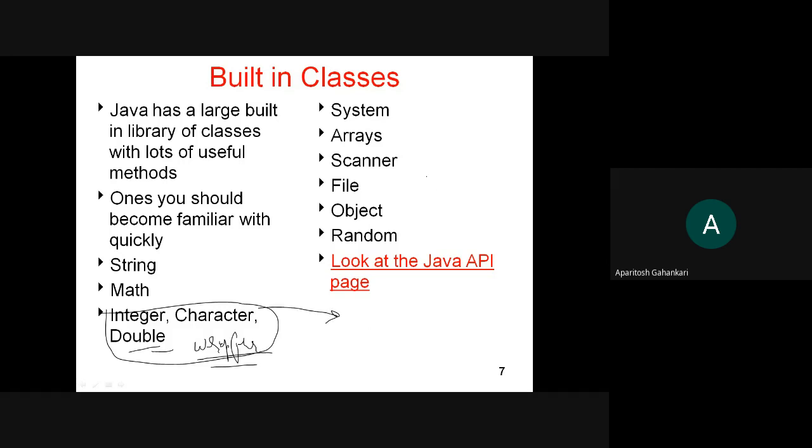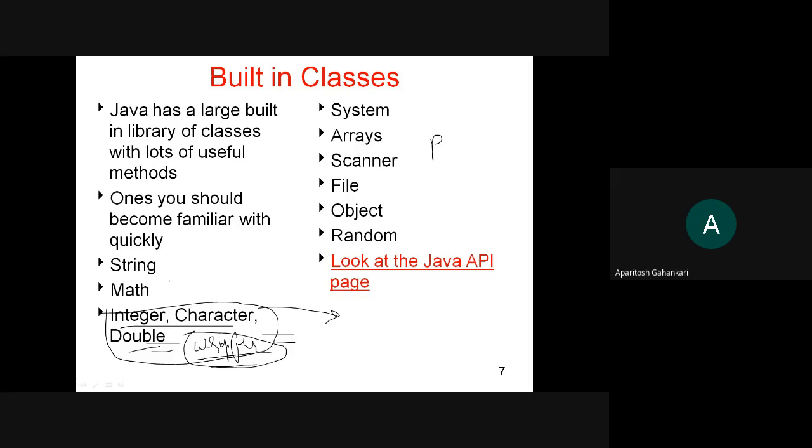Why? Because only primitive data types and operators are the two things which are not objects in Java. Everything else is an object in Java, and that is why, to facilitate that, you have these types of classes which are called wrapper classes.